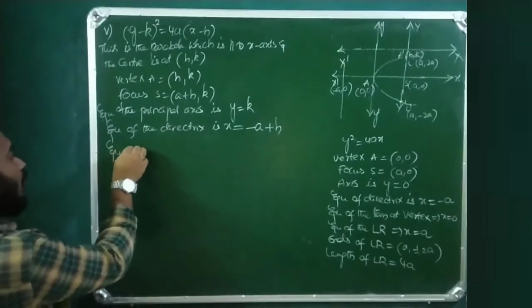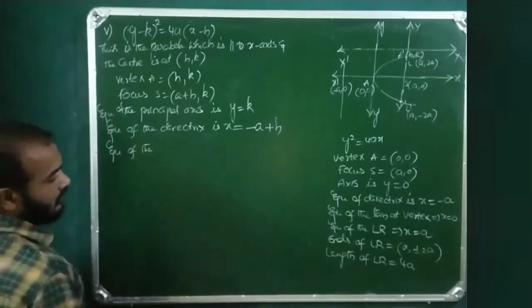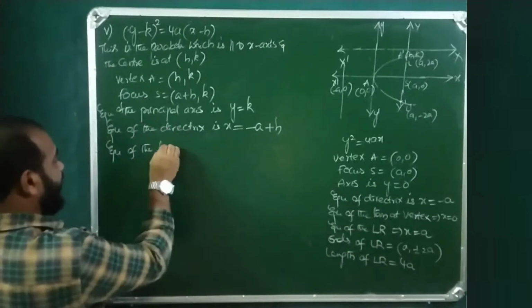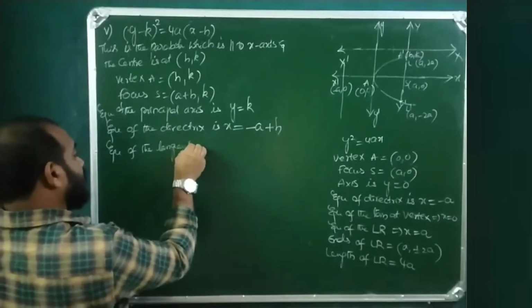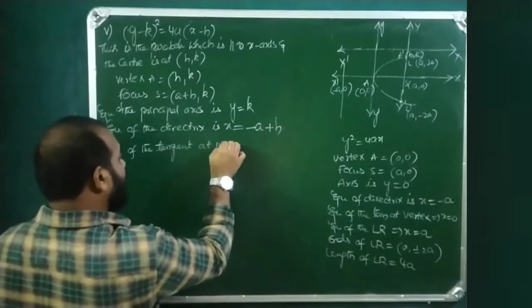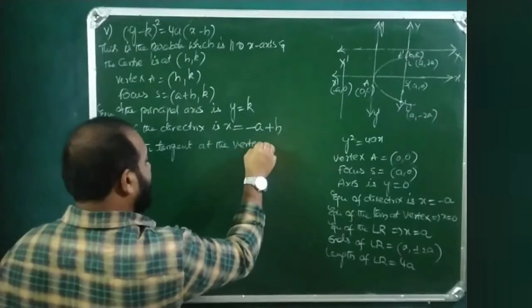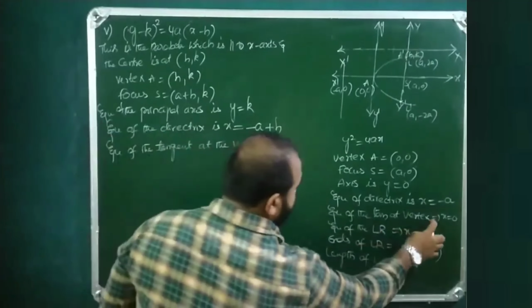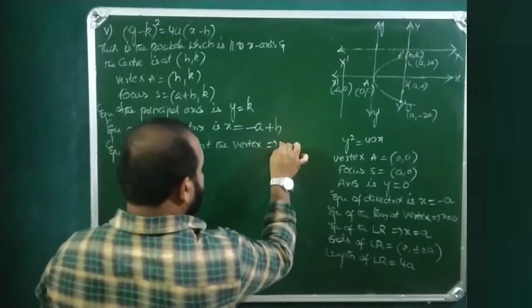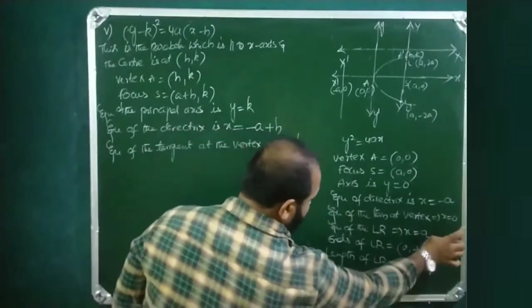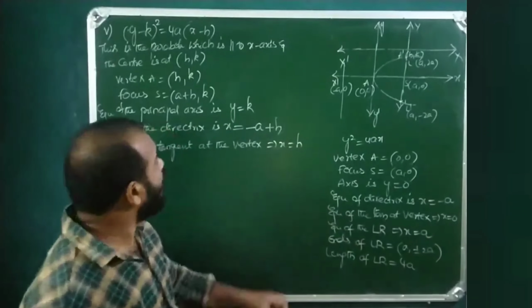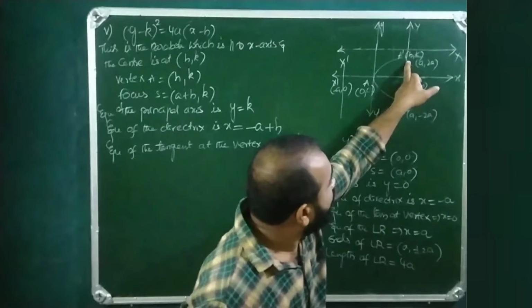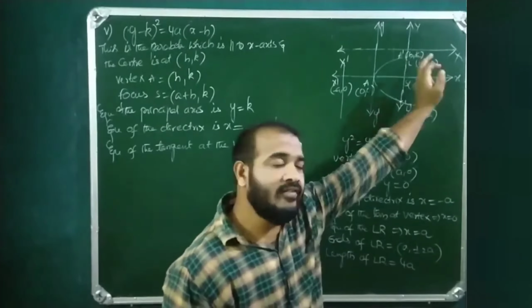And the equation of the tangent at the vertex. The tangent at the vertex is x equals 0. That means x is equal to h, with x the h coordinate, and with y the y coordinate k will be added, right?